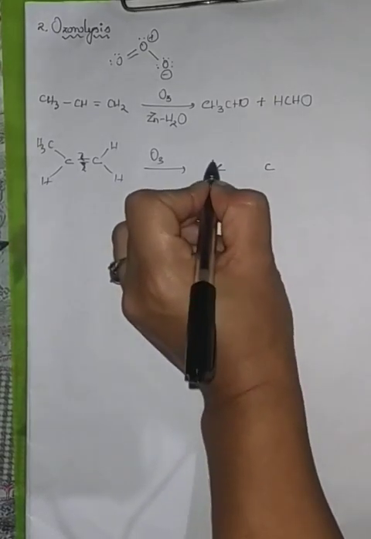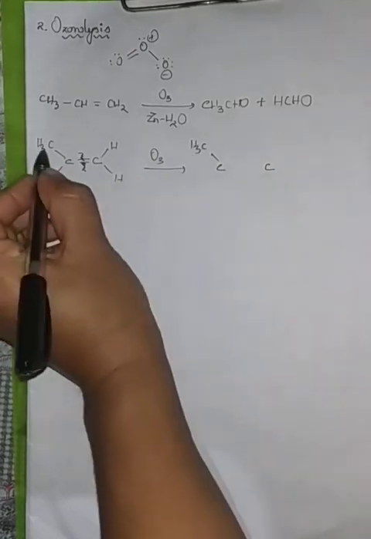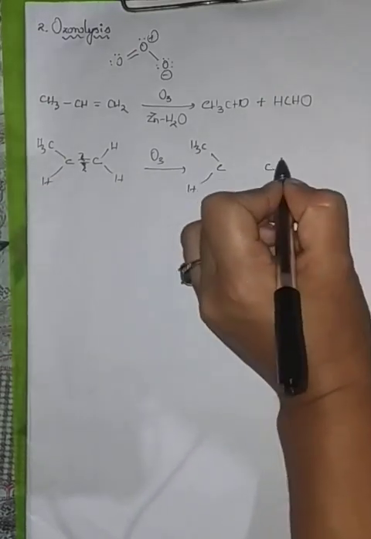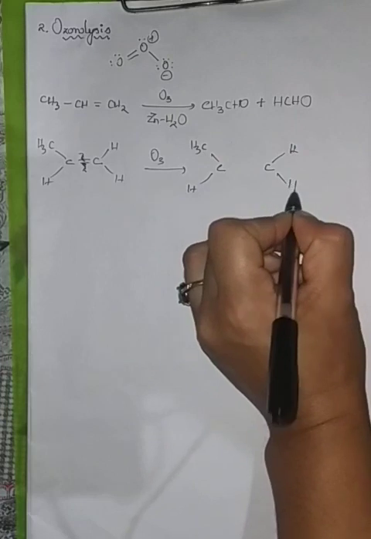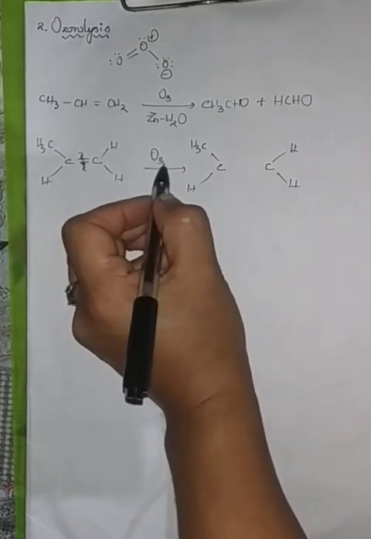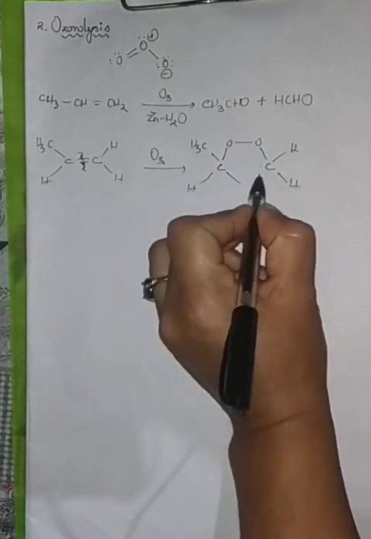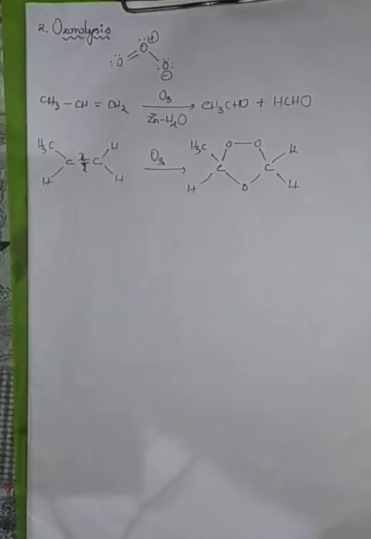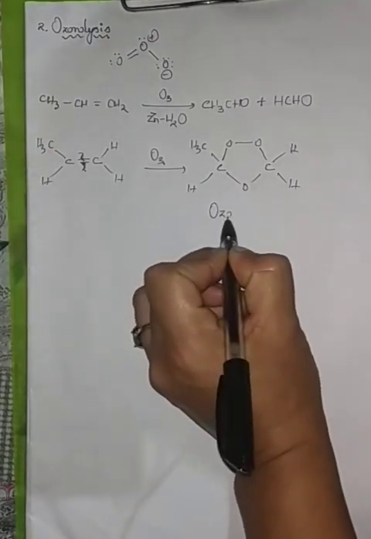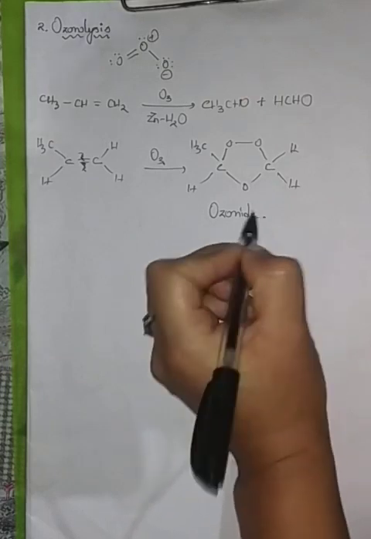This is our CH3 for this part, H. This is also our H, and then H. Now these are the O3 molecule, the first O, second O, and then our third O comes and bonds up in this way to form the ozonide. This is an ozonide molecule.